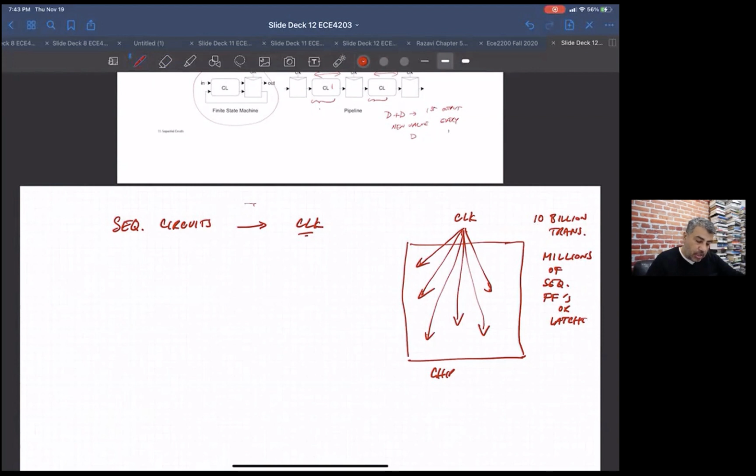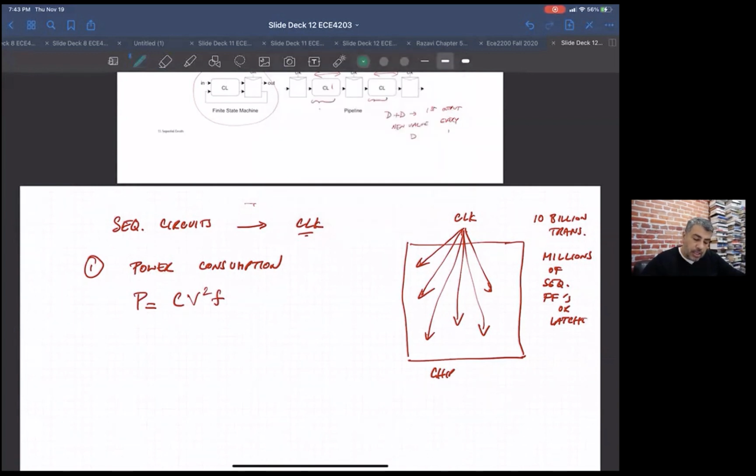Okay, so you've got two really big problems. One is, when we were talking about power consumption, we said clock is particularly a power hog because of our equation. Now, this is the one equation you have to remember, CV squared F. So clock has two big problems.